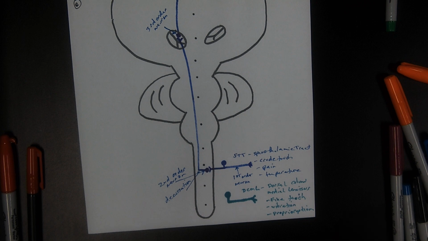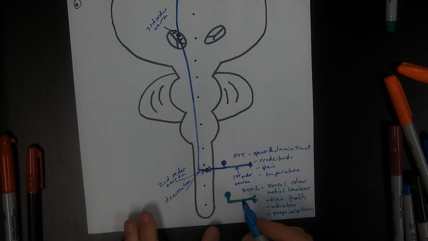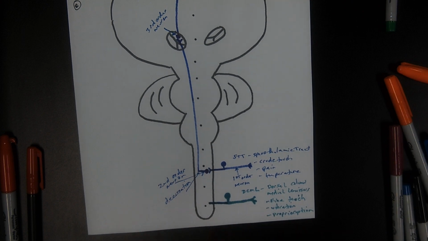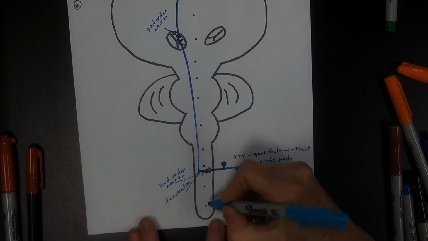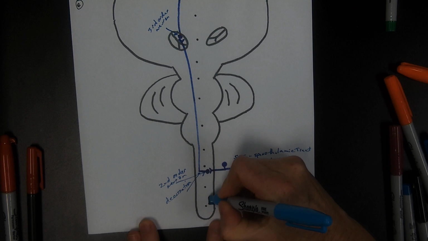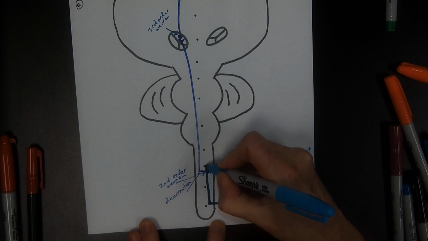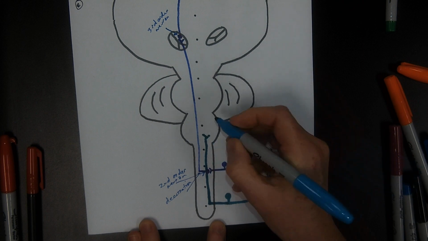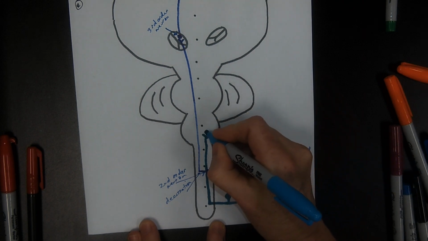Okay. Now, DCML, a little bit different system. What happens is the neuronal cell body is here in the dorsal root ganglia. There's an axon that comes in, and instead of synapsing right away in the spinal cord like the STT did, it's going to travel up to the level of the medulla, and that's where it's going to synapse.